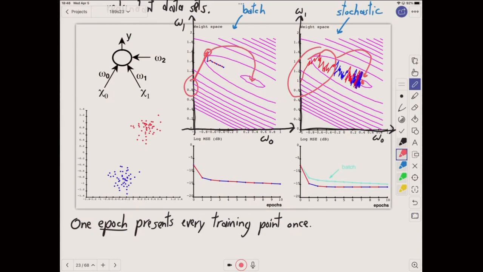My interpretation of this is that there's a lot of redundant information in this data, and by iterating on each data point separately, we're making faster progress by taking advantage of that redundancy in the data.